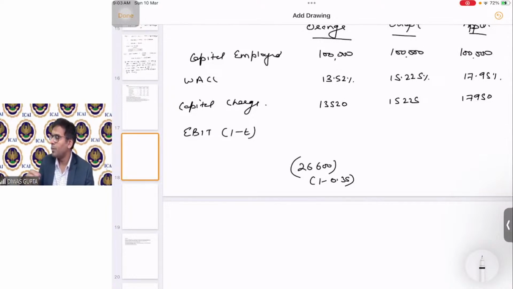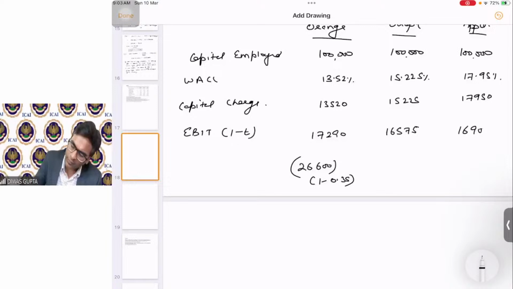So this becomes how much? 17,290, sorry. Then similarly 16,575 is the next value and 16,900 is the last value.